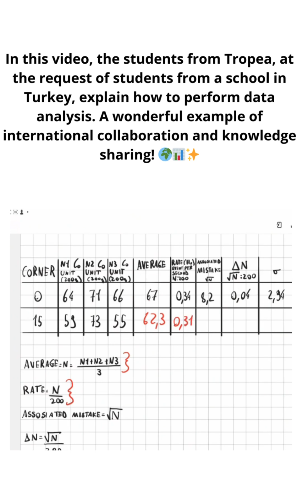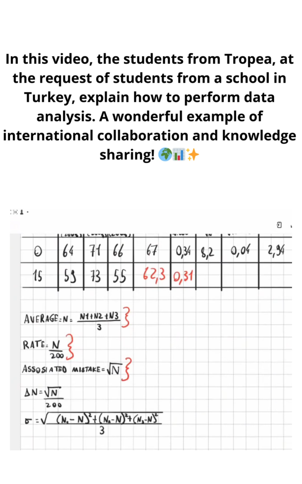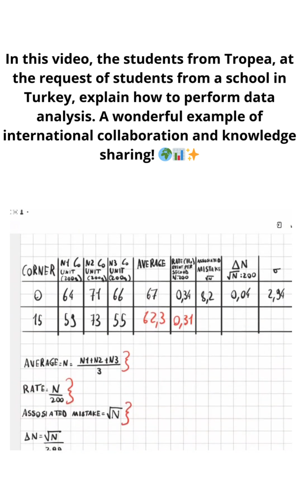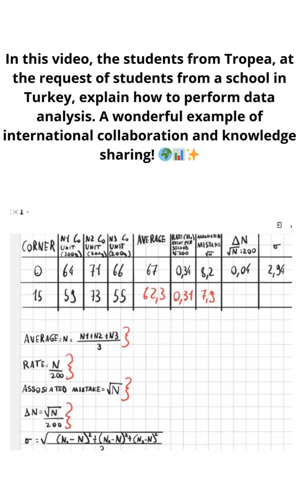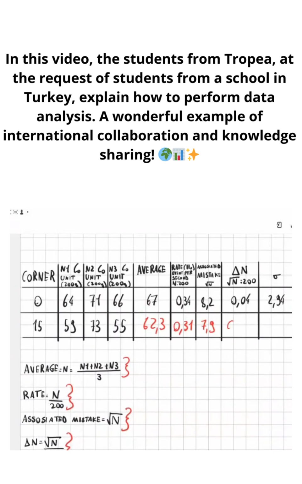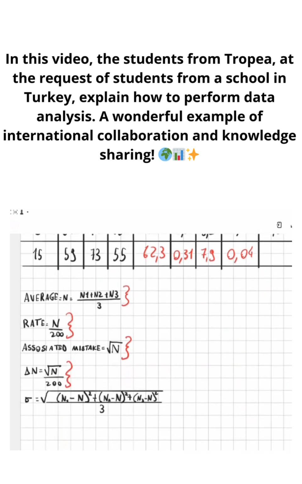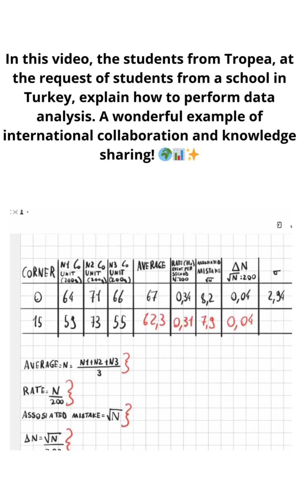The associated mistake we use this formula is 7,9. The delta n we use this formula is 0,04, and the standard deviation we use this formula is 7,7.